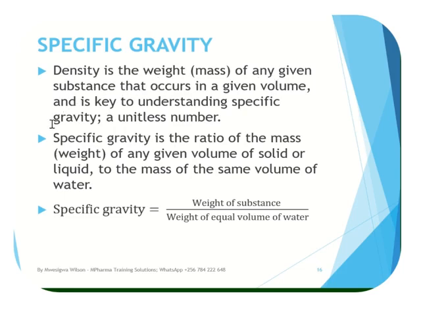And this one is key in understanding specific gravity, because specific gravity is the ratio of the mass or weight of any given substance to the mass of equal volume of water. So if you're having specific gravity, this is the equation: it equals the weight of a substance over weight of equal volume of water.